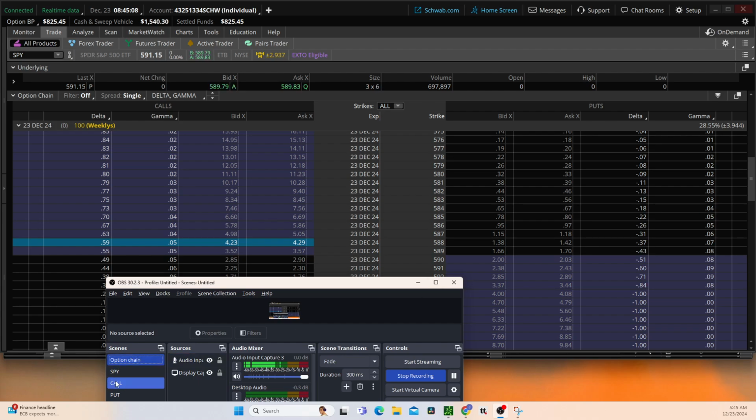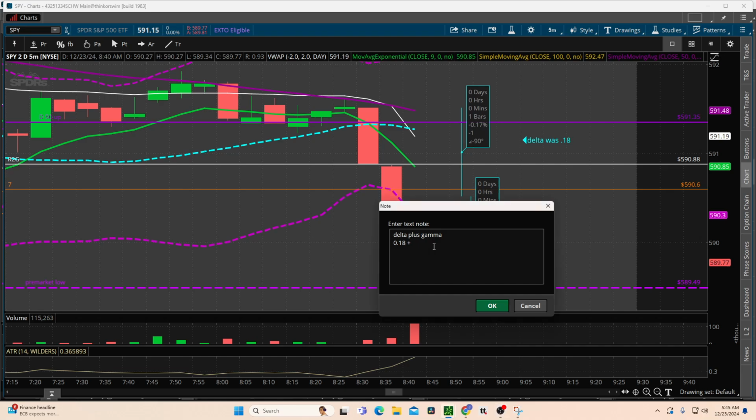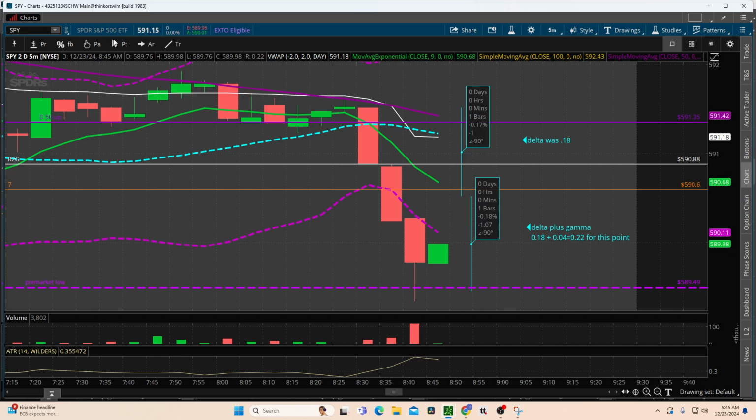So going back to SPY, it's going to be 0.04, and that's going to equal 0.22 cents for this point. Okay. All right. So hope you guys understand that.